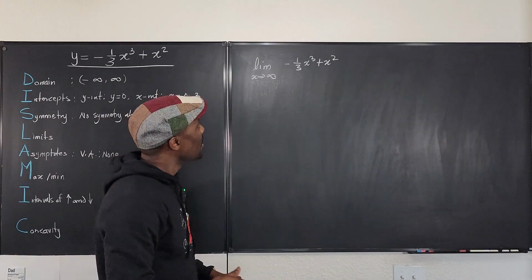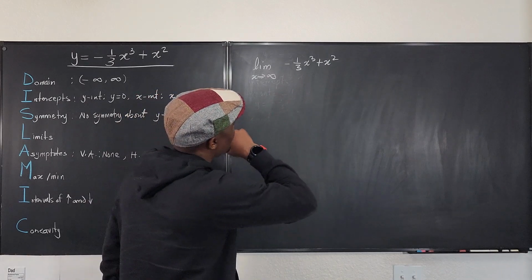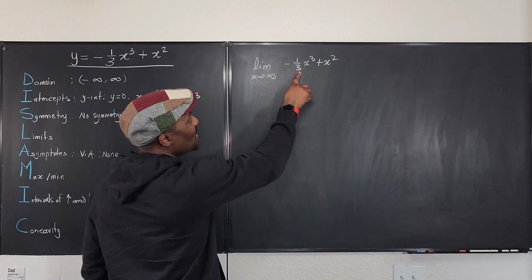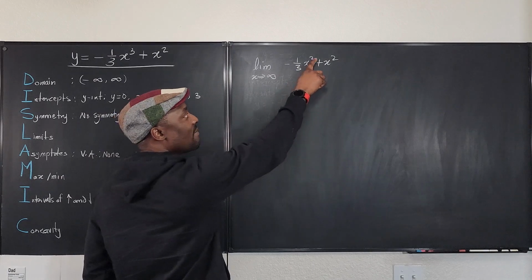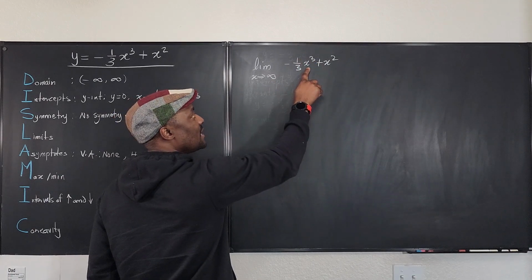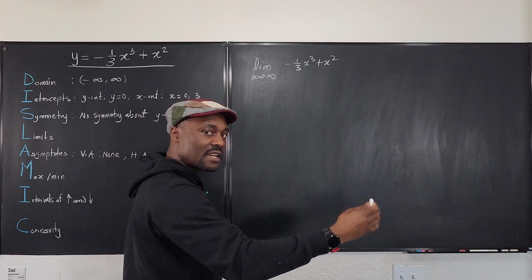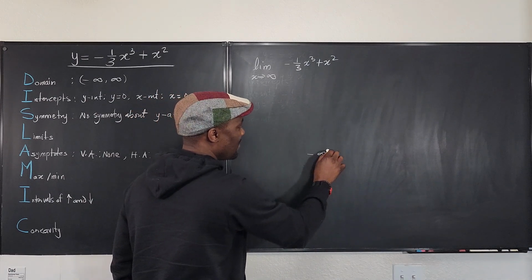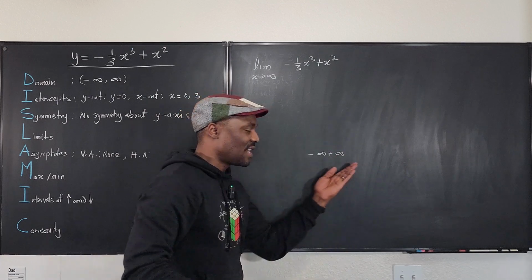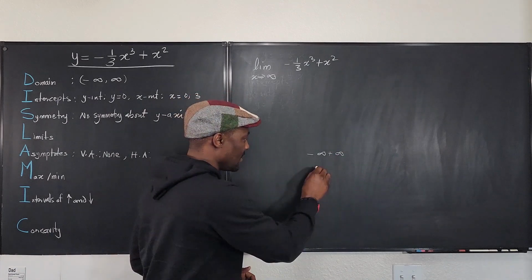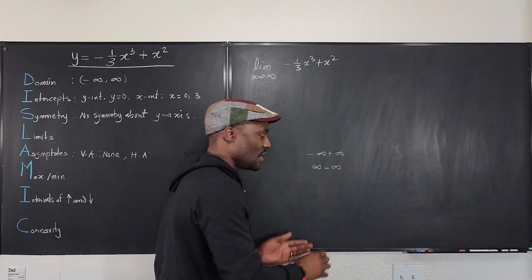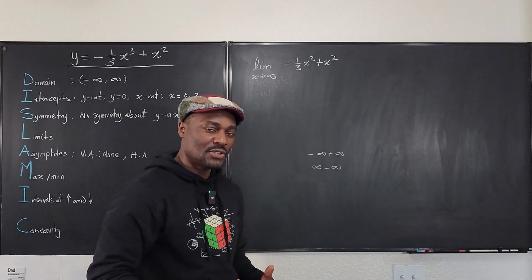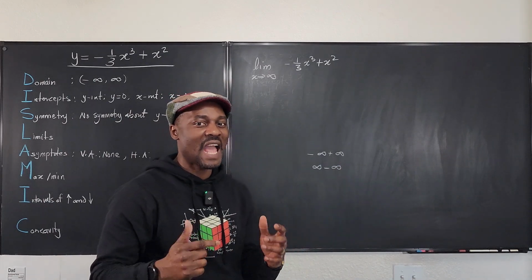Okay, so if we look this way, we're going to notice that this goes to negative infinity because if this goes to infinity, times negative 1/3 gives you negative infinity, plus infinity. So you end up with something like this, negative infinity plus infinity. Well, you can't do a subtraction, so you can't write it this way. You cannot subtract infinity from infinity, so you can only multiply and you can only add.